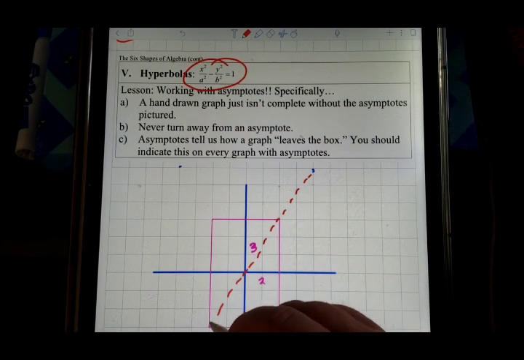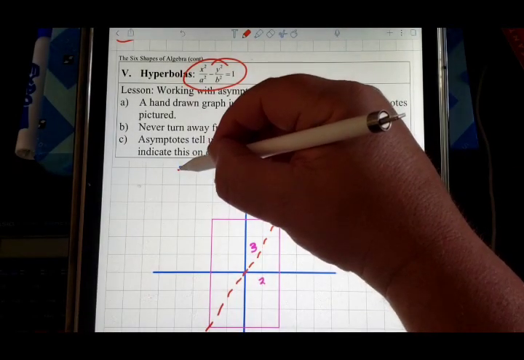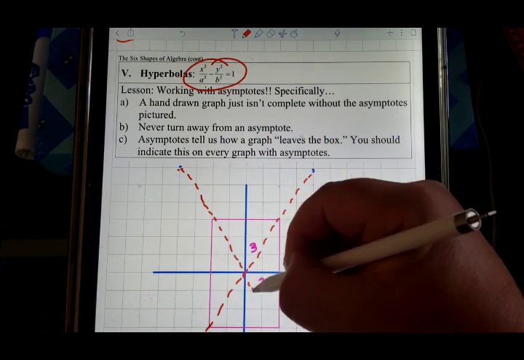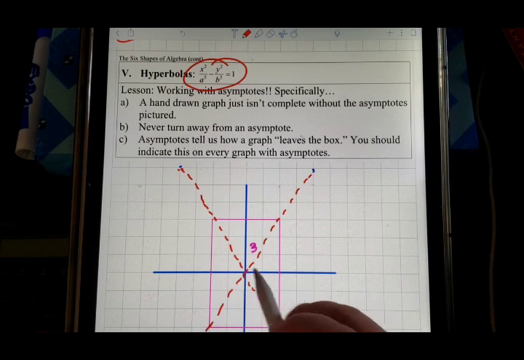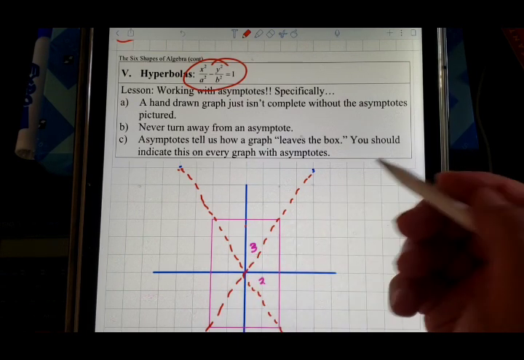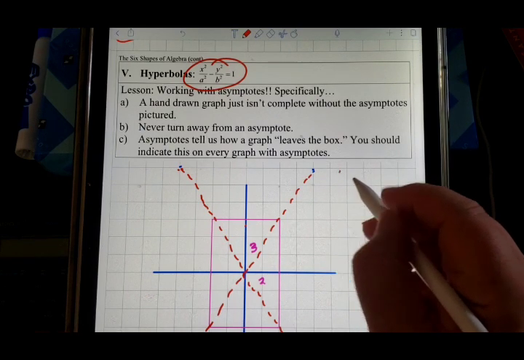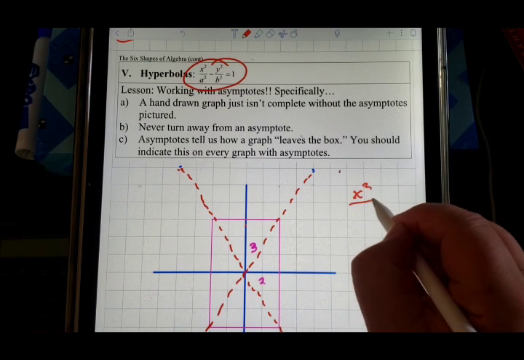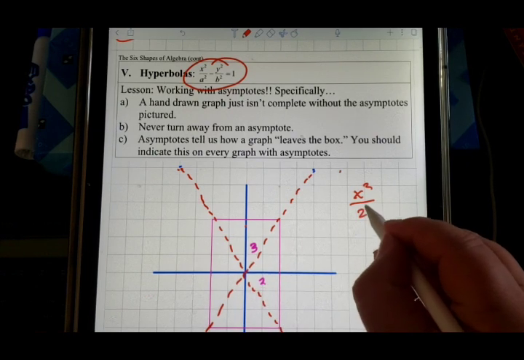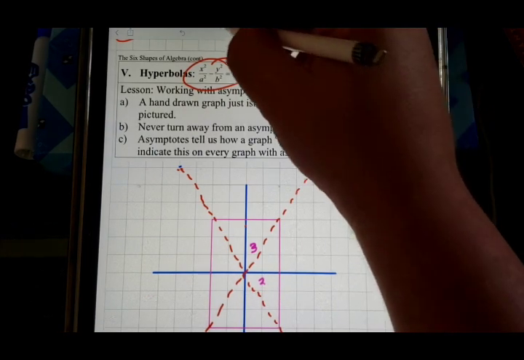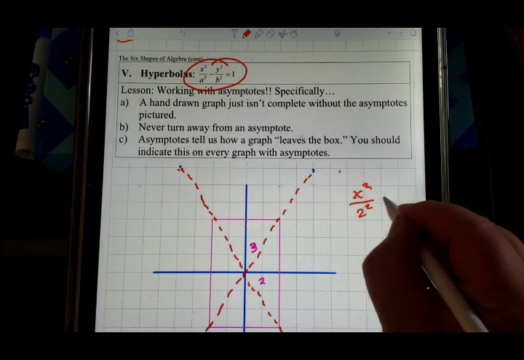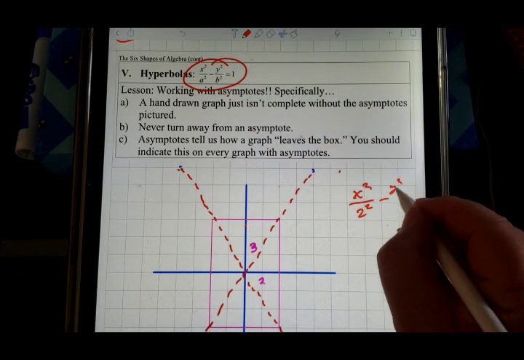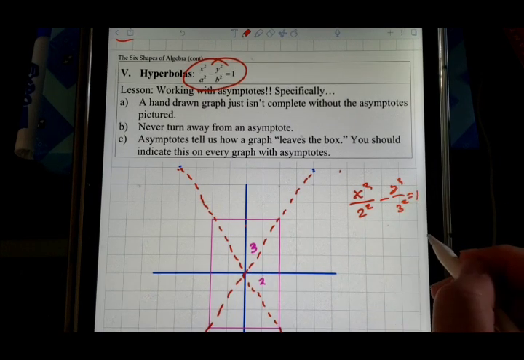But let me put in this box. The box goes 2 on the x-axis and 3 on the y-axis. So what graph are we talking about? We're talking about x squared over 2 squared minus, because it's a hyperbola, y squared over 3 squared equals 1.